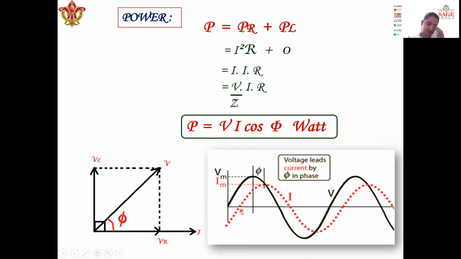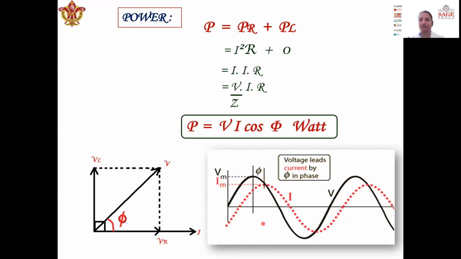The current is lagging: when the voltage starts at the origin, after phi angle the current starts from 0. So the current is lagging and the voltage is leading by phase angle phi.